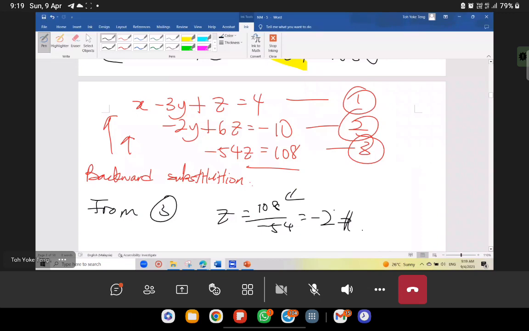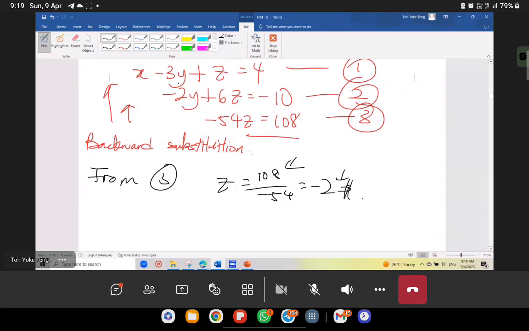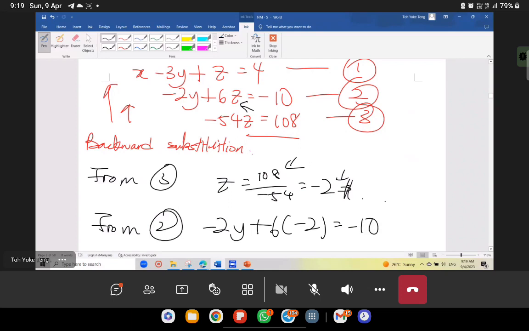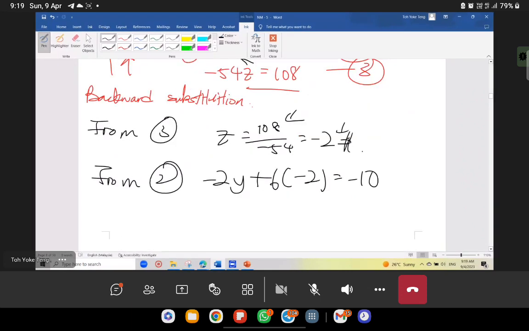Actually during the exam, no need to show me this one, just show me directly. The answer is acceptable. And then once you get the value of z, you just substitute it into the second equation: negative 2y plus 6 times negative 2 equals negative 10.